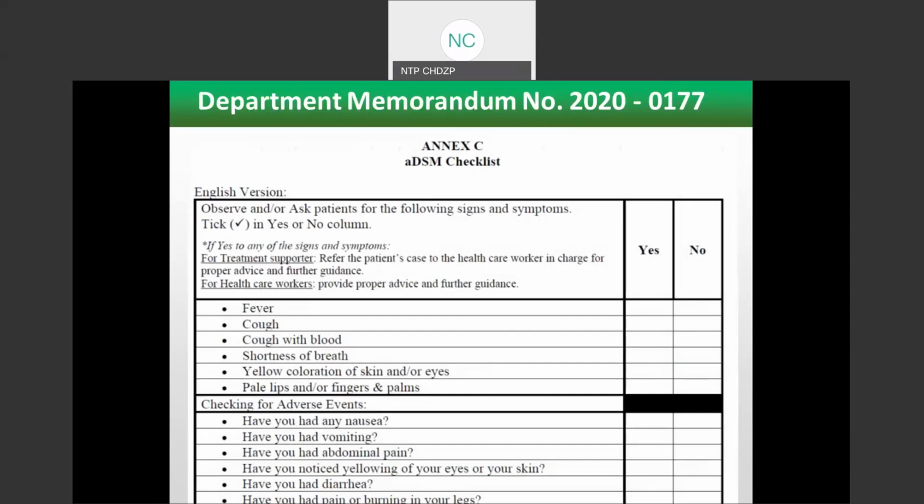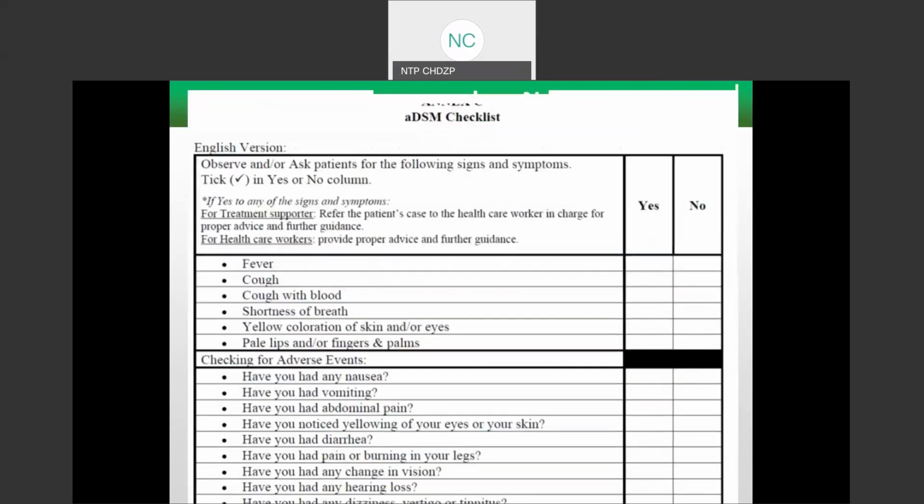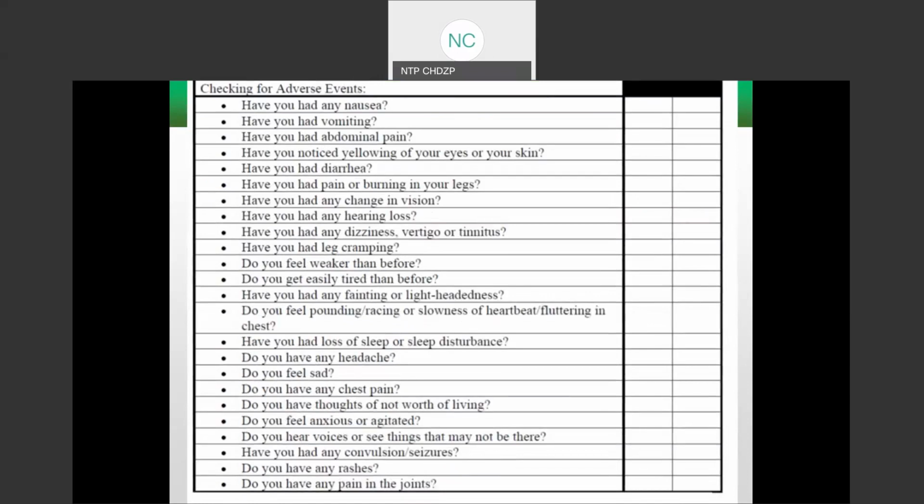Checking for adverse events, the healthcare workers or the health treatment supporter should ask if the patient has any signs of nausea, vomiting, abdominal pain, notice yellowing of eyes or skin, has had diarrhea, or had pain or burning in the legs, or had any changes in vision, or if the patient had experienced any hearing loss, any dizziness, vertigo, or tinnitus, any leg cramping, or does the patient feel weaker than before?